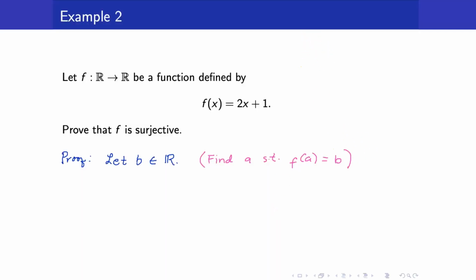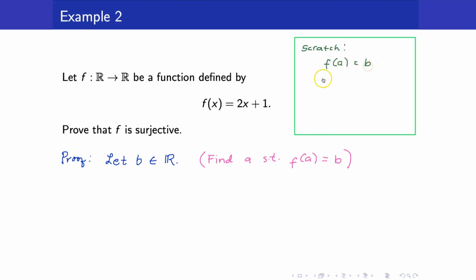Take note that this is just my scratch work. We want f of a to be equal to b, but f of a is 2a plus 1 equals b. Solving for a, we get that a is equal to b minus 1 all over 2. You don't have to show this in your proof.